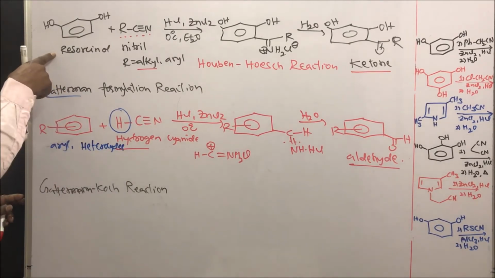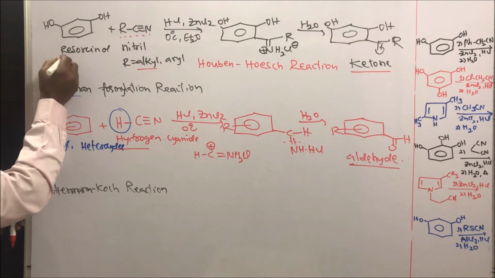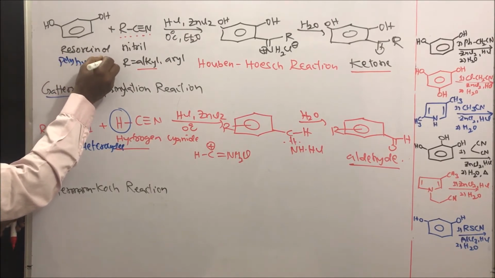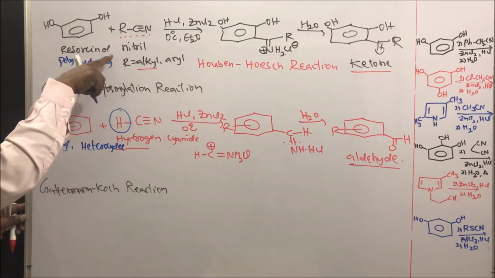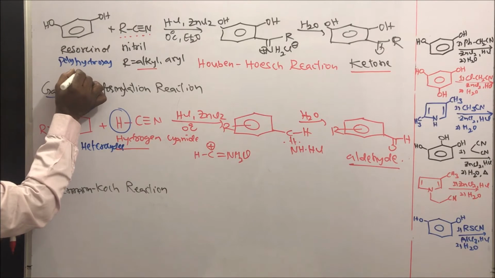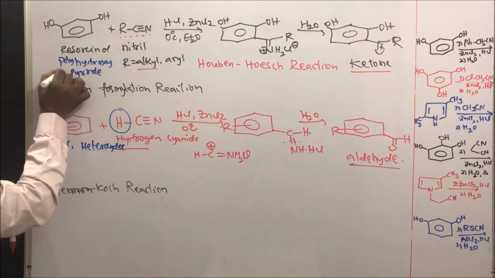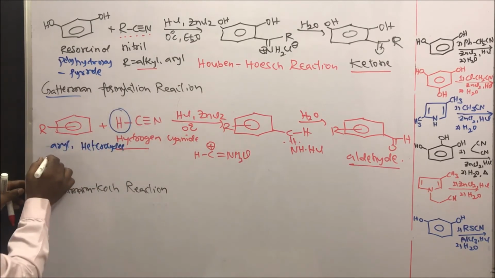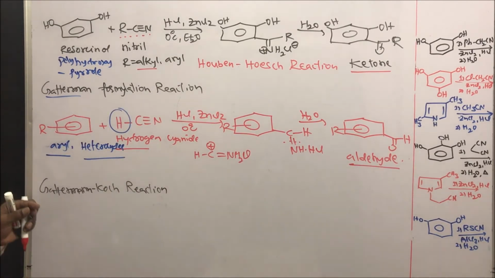Whereas this Houben-Hoesch reaction, only polyhydroxyphenols, it is the condition, students. Polyhydroxyphenols undergo Houben-Hoesch reaction. Only pyrrole, there are some examples. Heterocyclic. Whereas this Gattermann formylation reaction can be done on all types of aryl and heterocyclic compounds.